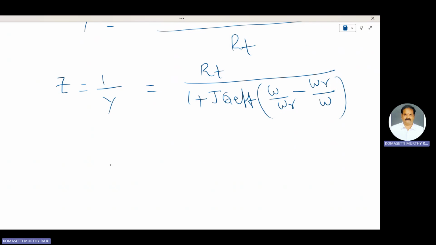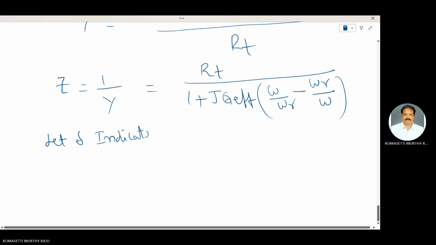You have to introduce a new term, δ, which indicates the fractional frequency variation, or selectivity, or sometimes variation in resonance frequency. Let δ indicate the fractional variation in frequency.